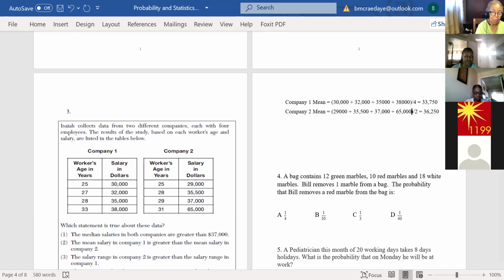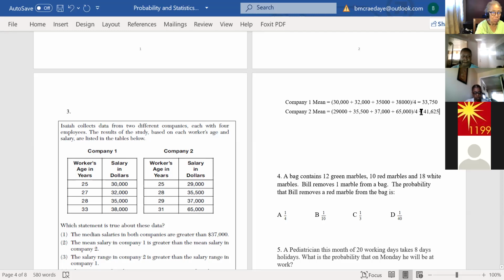And that's divided by what? By 4. And for that one, you get what? I think I got 41,625. Okay, so let's just put 41,625. Now, the mean salary in company 1 is greater than the mean salary in company 2.